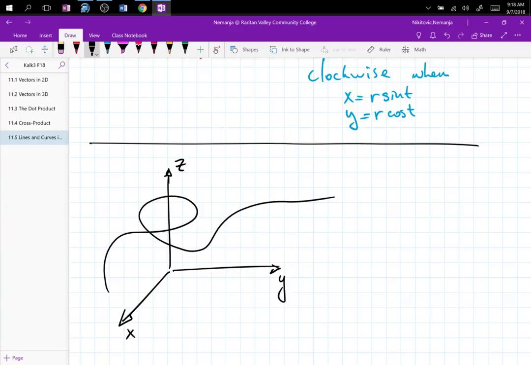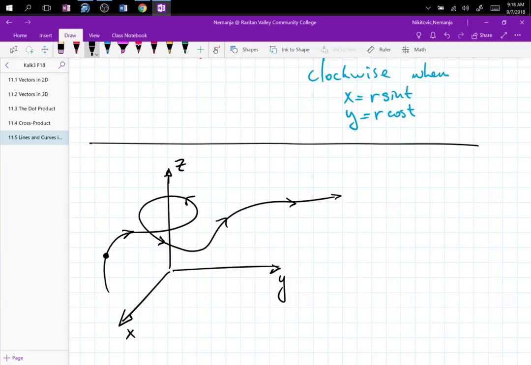So let's put a bug on this path, going this way, and this way, and this way. So you have a bug.